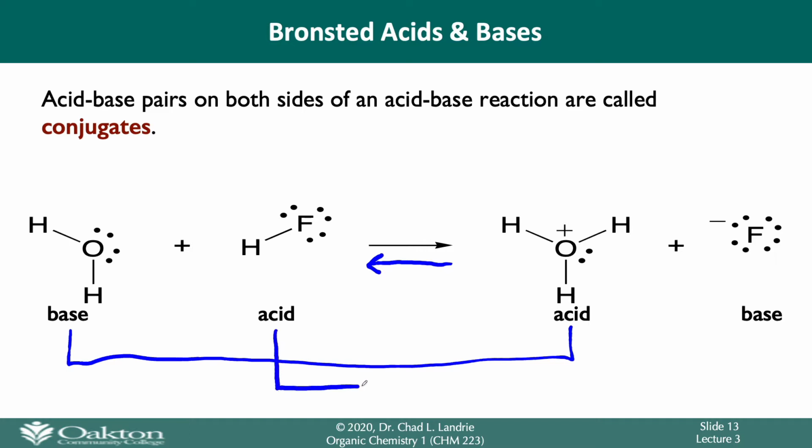Its conjugate base is fluoride on the right. The only difference between those two compounds is one hydrogen atom, or one proton. Again, a conjugate acid always has one more hydrogen than a conjugate base, and so the opposite would be true. A conjugate base has one less hydrogen than a conjugate acid. So in every acid-base reaction, right, we can find conjugate pairs.